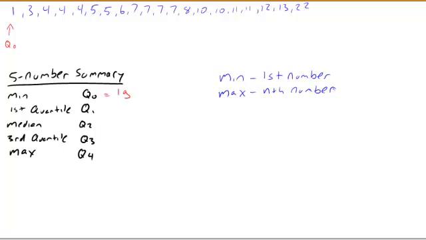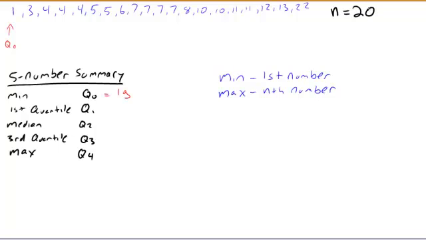My nth number, what does nth mean? Well, when I have all my data, all the numbers that I have is my n size. So I have 1, 2, 3, 4, 5, 6, 7, 8, 9, 10, 11, 12, 13, 14, 15, 16, 17, 18, 19, 20. So I have an n size, n equals 20.